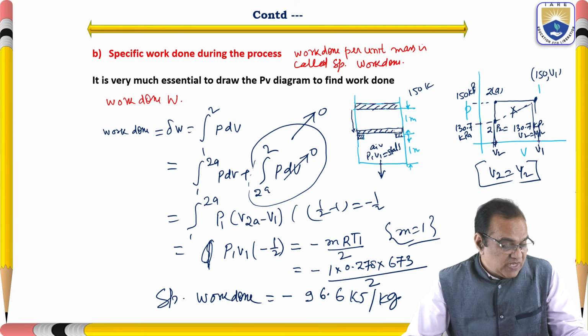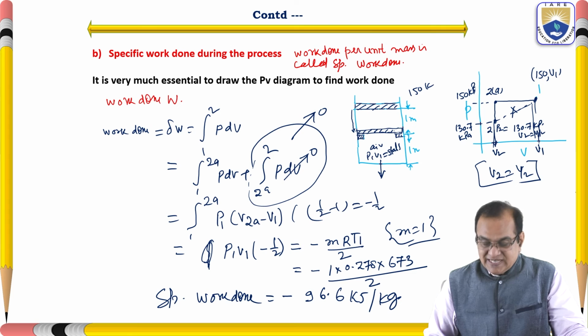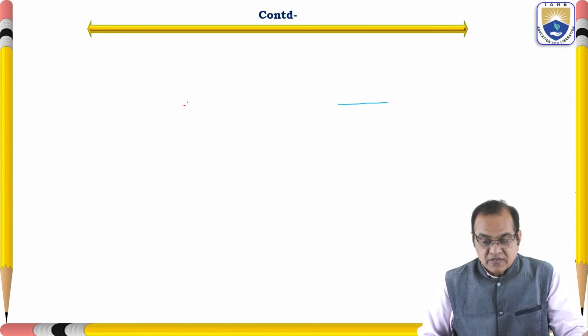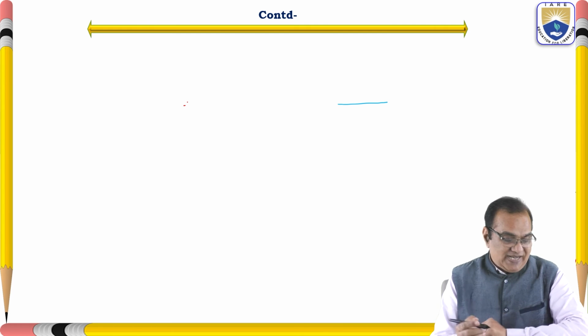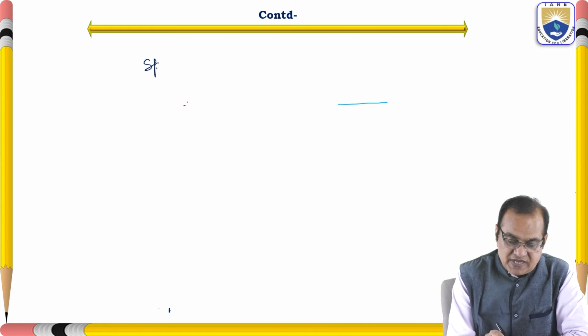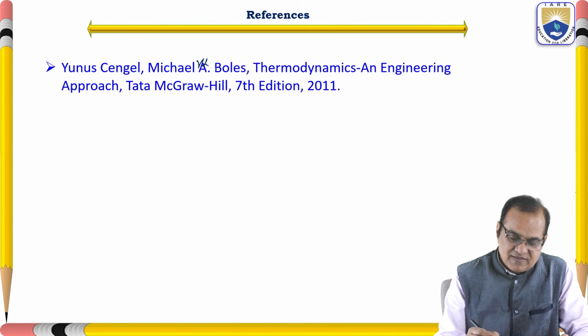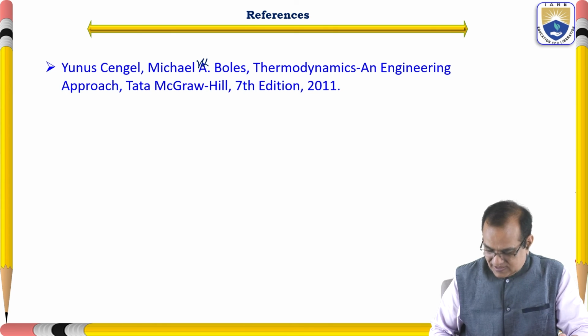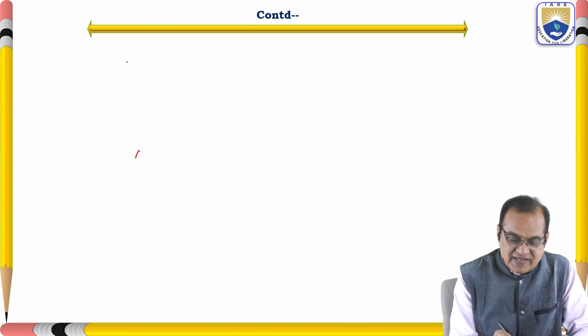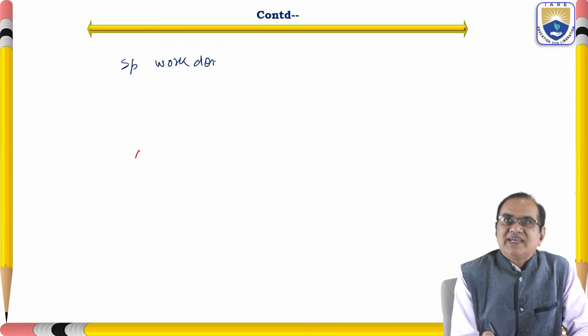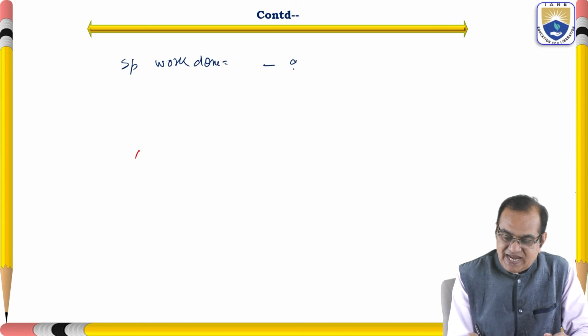So in this way, we have got here specific work done is equal to minus 96.6 kilojoule per kg.